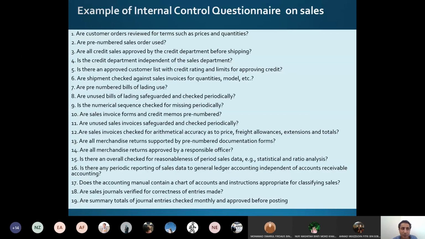Because remember, inventory is an asset of the company. So if it is not controlled well through the documents, through the review, and so on, we expect misappropriation of assets, which is theft or stealing of the assets by the staff, or by the management if they try to overstate or understate the financial statements. Okay, number 10.